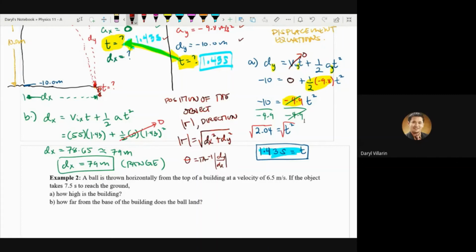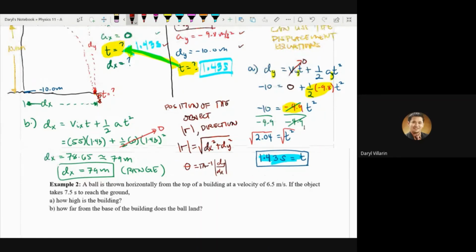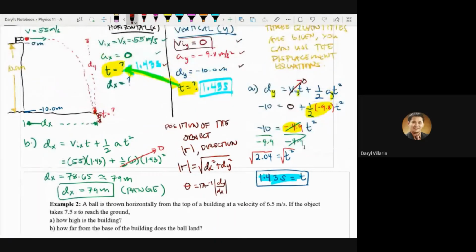Again, if you're asked for the position of the object in terms of the direction and magnitude from the initial position, you can solve it this way. Or the usual case is that if you're going to find the velocity of the object before hitting the ground, you need to solve for both Vx and Vy.